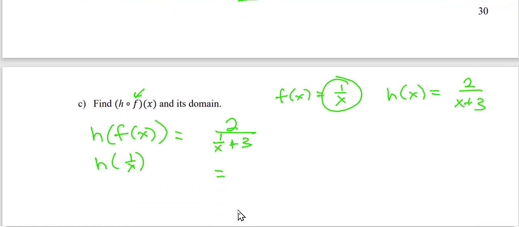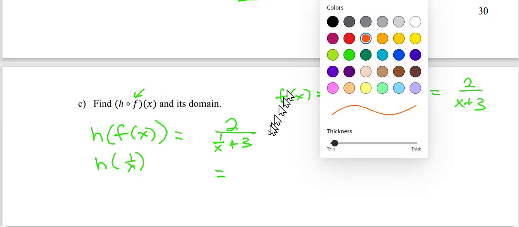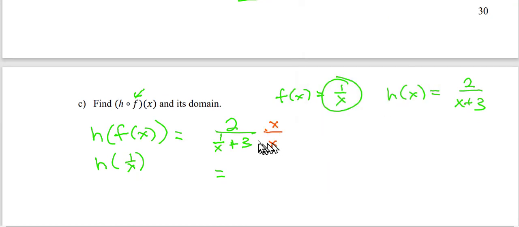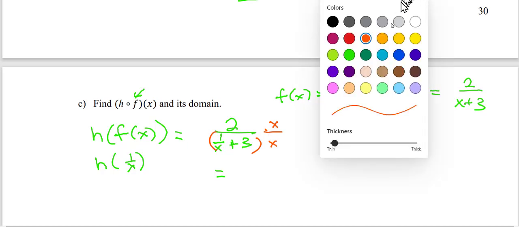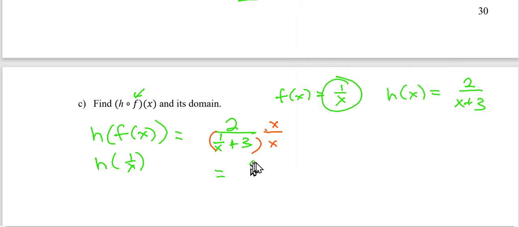Just to simplify this a little bit, I am going to multiply by x over x here. We have to distribute that, of course. Go back to our color we were working with. That gives us 2x over 1 plus 3x.